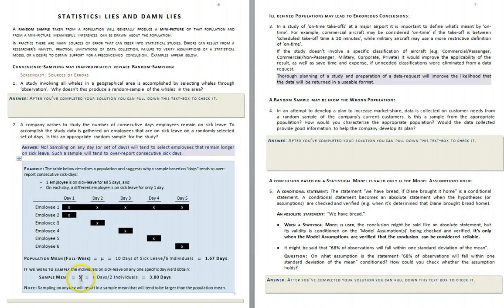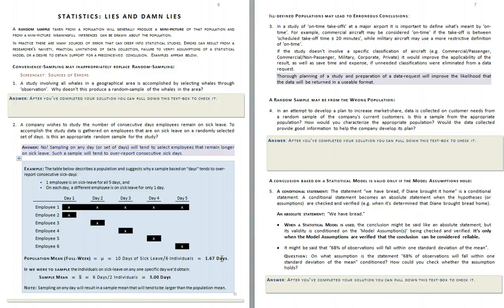Thus, the sample mean for day 1 is 6 total days divided by 2 individuals, 3 days of sick leave. The sample mean is 3 consecutive days. Clearly, this overestimates the population mean.